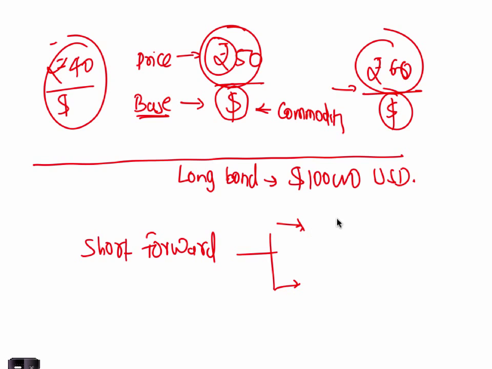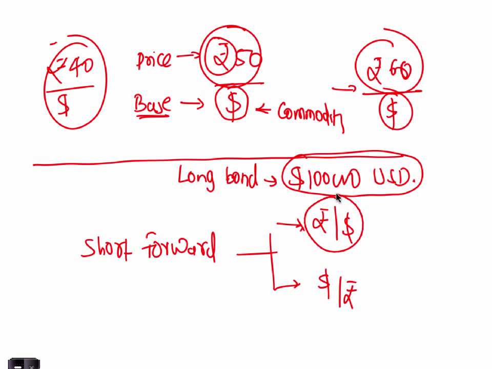Because a forward contract could be quoted either as rupee by dollar, or as dollar by rupee. So again, you should always think from the perspective of the denominator: I have exposure to 100,000 US dollars, which means in future I want to sell 100,000 US dollars. So if the dollar is in the denominator, then I would take a short position.